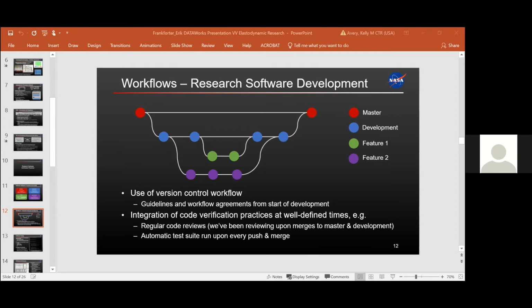And then upon the merge back from a feature to a development branch, that's when you can incorporate practices like code review, even CI/CD for automated testing, and in a sense, building your culture around specific agreed upon workflows to offload some of the cognitive load of trying to keep good code V&V practices.